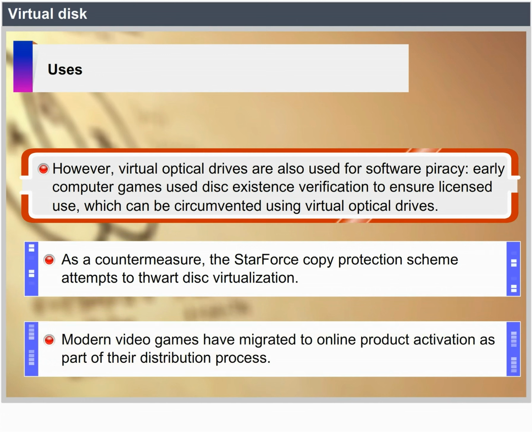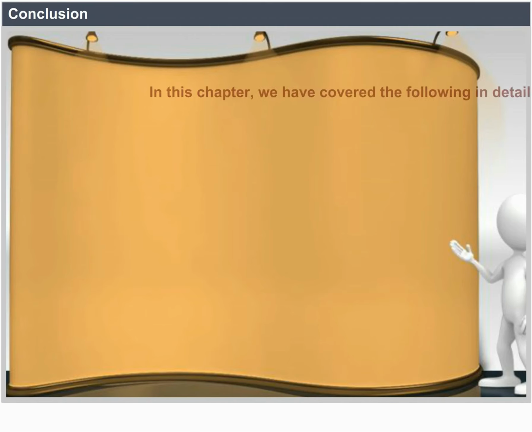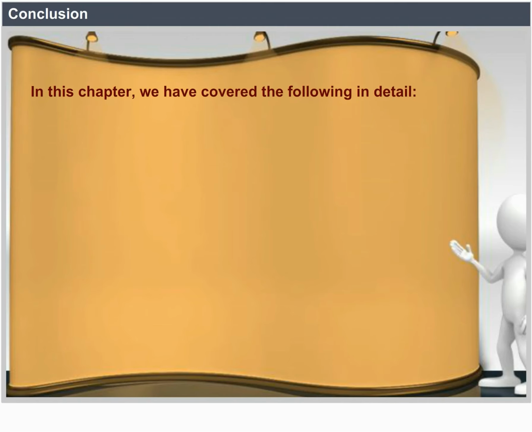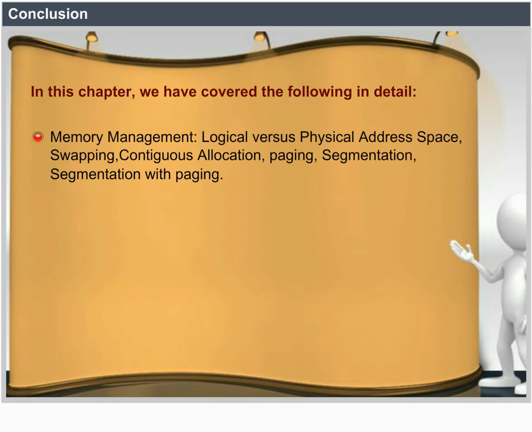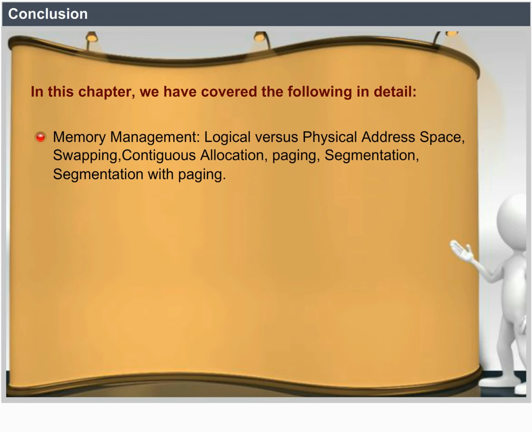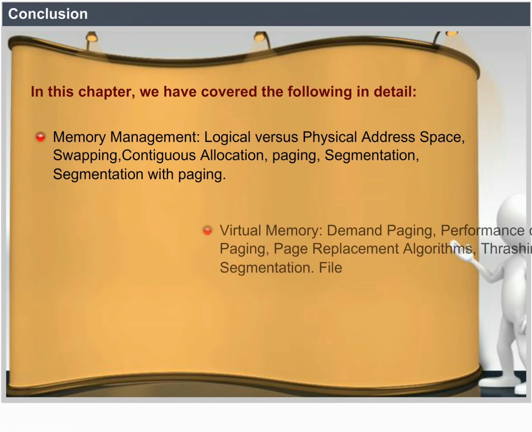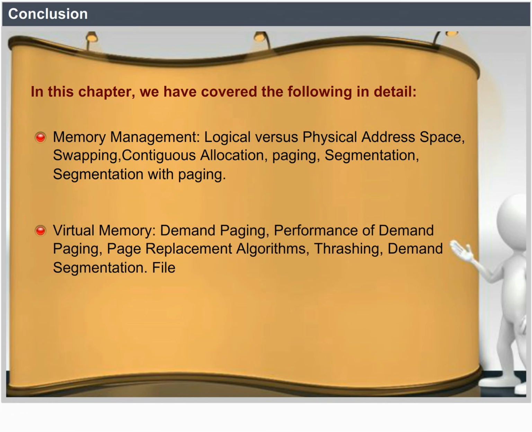Conclusion. In this chapter, we have covered the following in detail. Memory management, logical versus physical address space, swapping, contiguous allocation, paging, segmentation, segmentation with paging. Virtual memory, demand paging, performance of demand paging, page replacement algorithms, thrashing, demand segmentation.